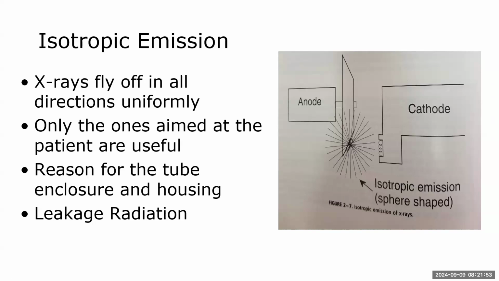So those photons that exit that window and are directed at the patient are called primary. That's the primary beam. Those are the useful photons that we're interested in, because those are the ones directed at the patient. These other ones that may fly off in other directions are of no use to us.